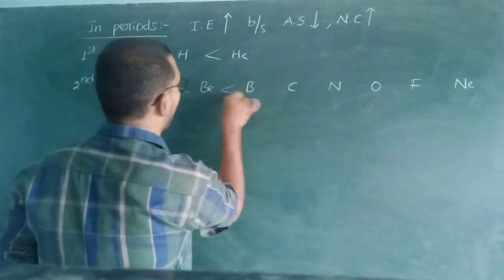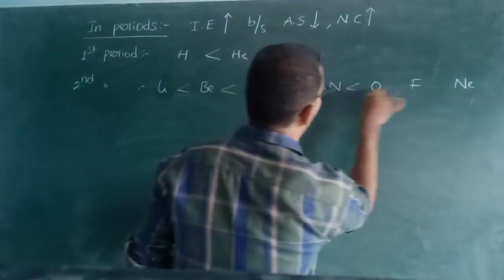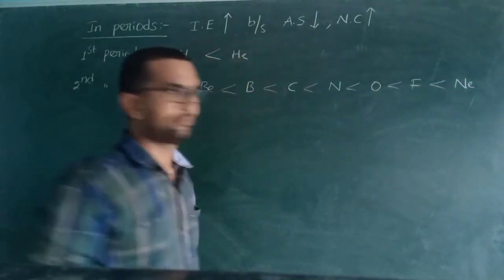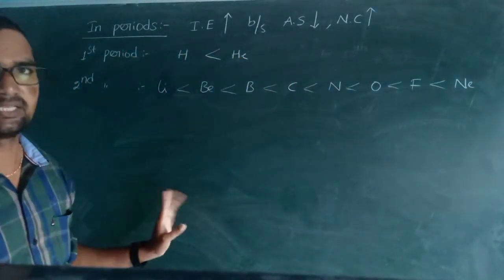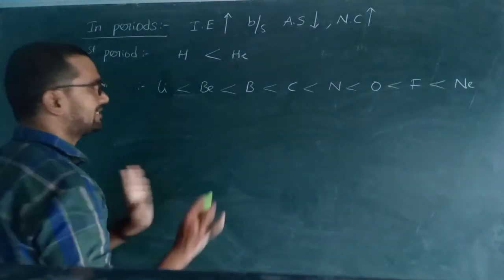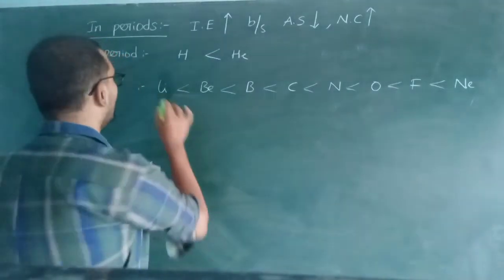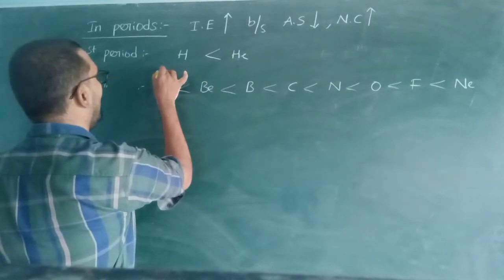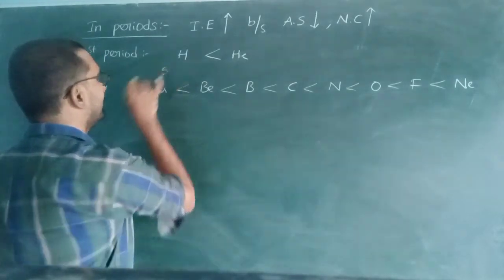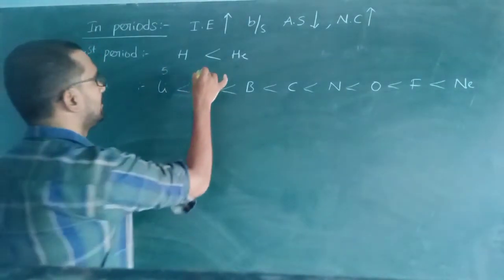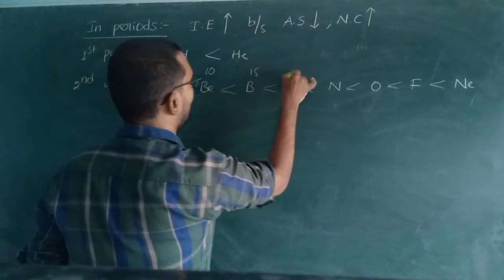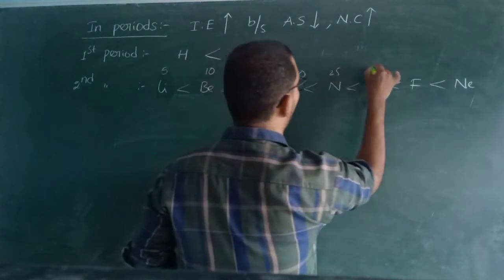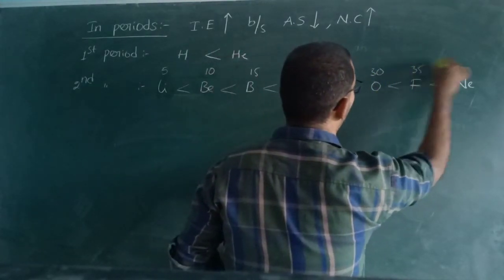This is the expected order. For example, before explaining the problem, suppose the values required are 5, 10, 15, 20, 25, 30, 35, 40 kilocalories per mole.